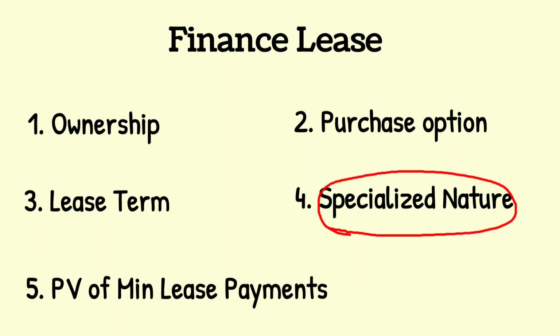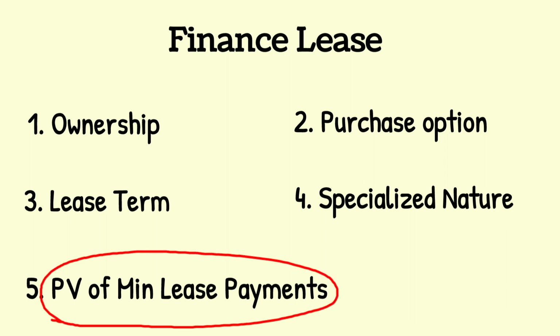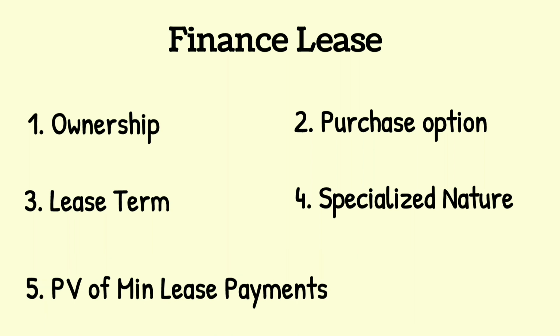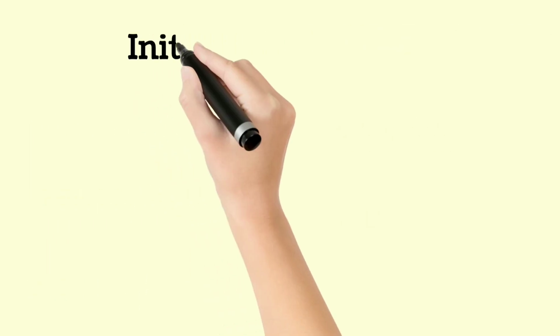If the asset is of such nature that only the lessee can use it without major modification, then also it can be considered as a finance lease. And lastly, at the inception date, if the present value of lease payments amounts to at least substantially all the fair value of the asset, then it will be considered as a finance lease. The word substantially has not been defined here, but it can be considered as 90% generally. So if in a question there is an indication of such a thing, then we will classify it as a finance lease in the books of the lessor.